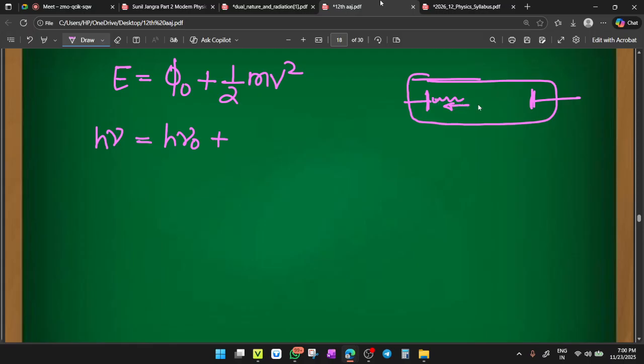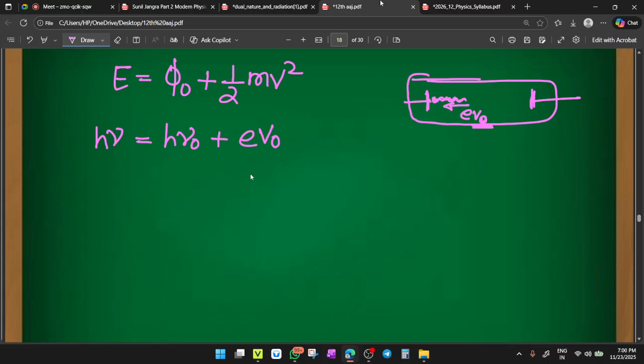This kinetic energy is suppressed by the electrostatic potential energy eV naught. The maximum negative potential that you apply to control this kinetic energy gives the potential energy eV naught. So this energy equals eV naught. Clear?